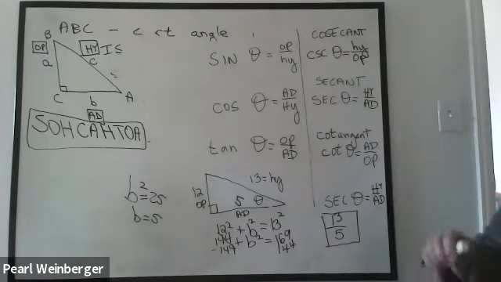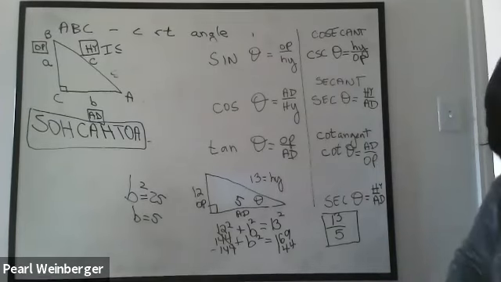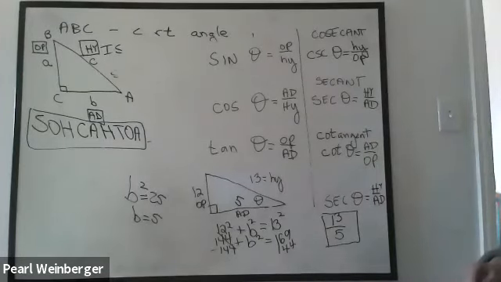I'm going to post some homework like this on Delta Math so that you can work on these. We'll finish this topic up because really we've done most of this topic already. By Tuesday, you must know SOHCAHTOA.